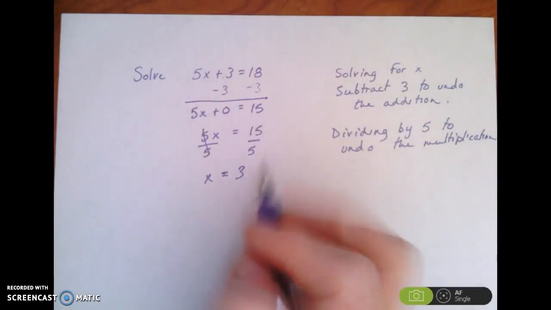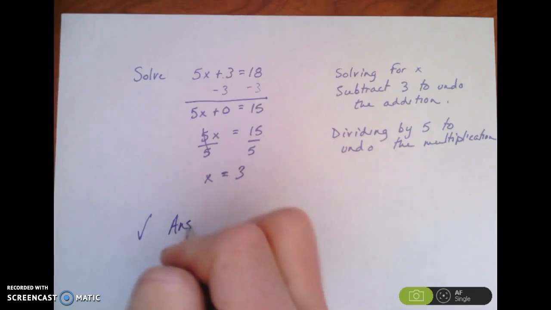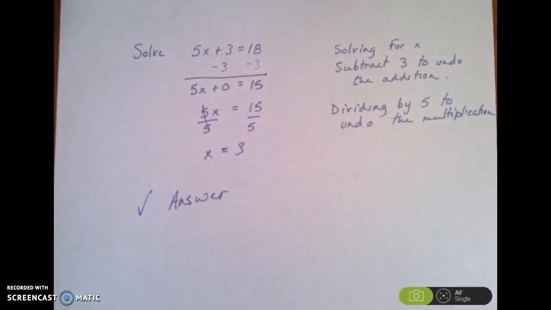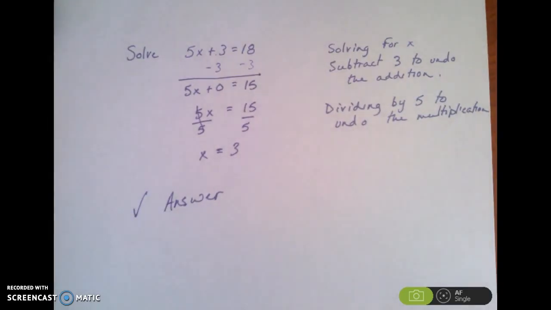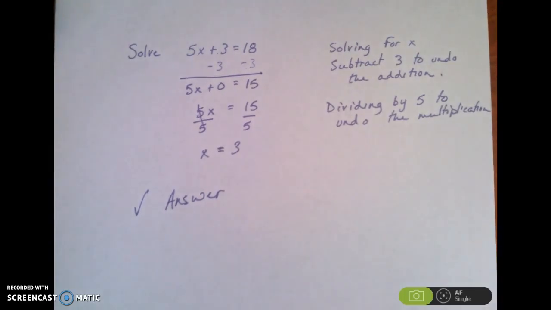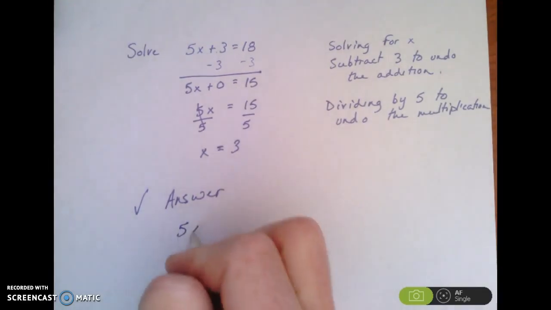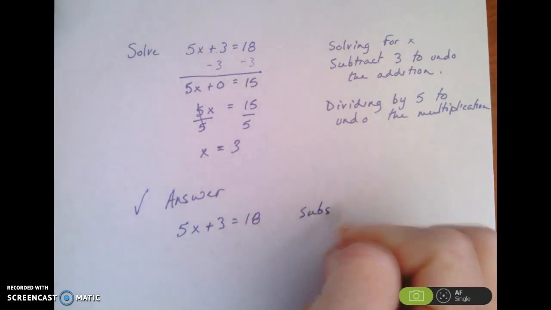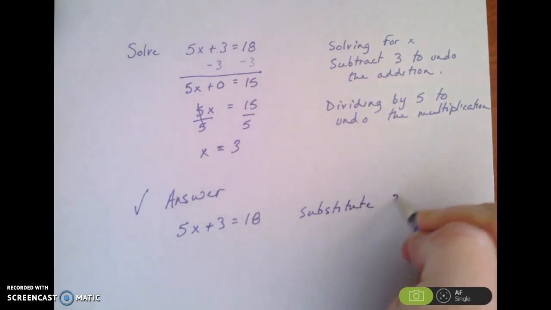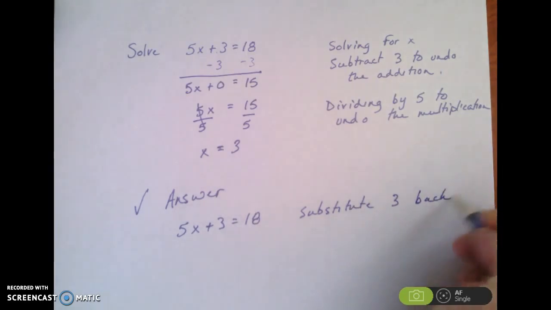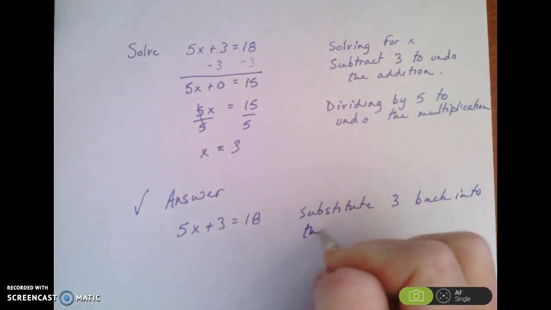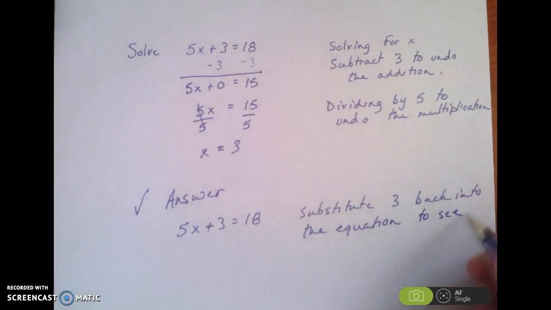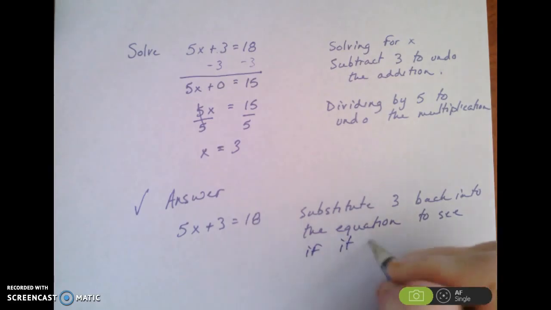So we're just about done, but we should check our answer. And to check our answer, what we're going to do is substitute what we found for x back into the original equation to see if the equation is true. So we have our equation 5x plus 3 equals 18, and we're going to substitute 3 back into the equation to see if it is true.